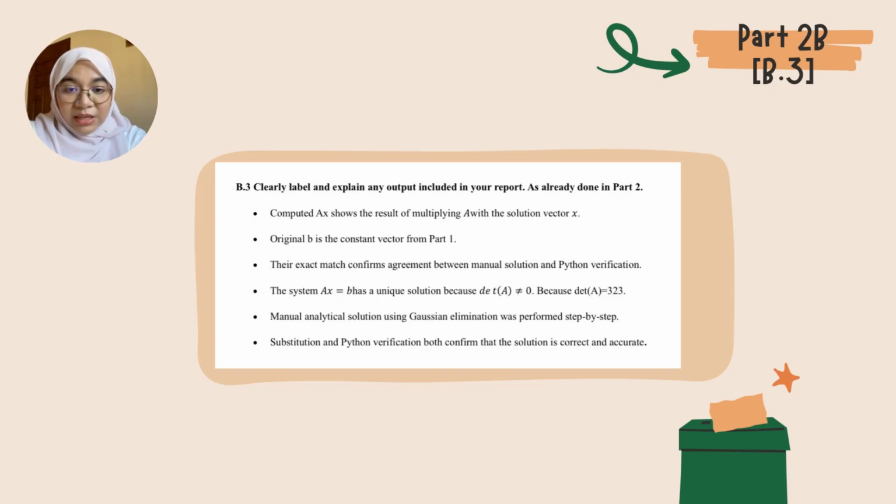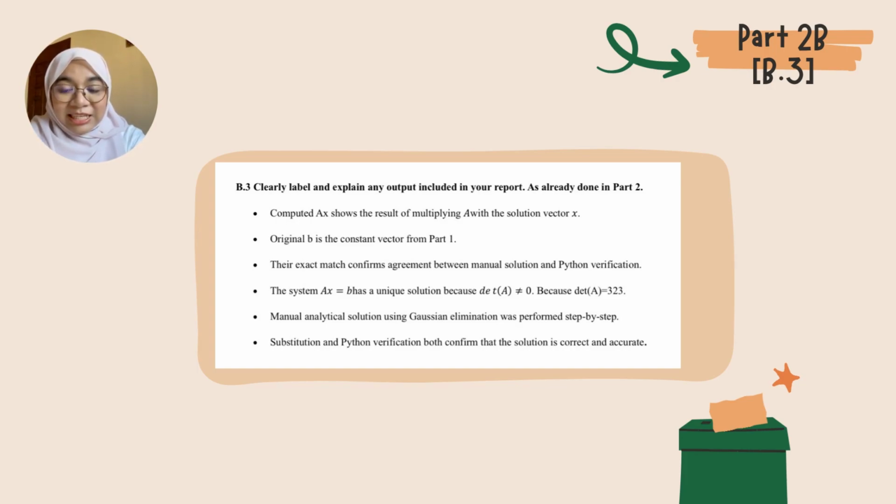This vector represents the right-hand side of the system of linear equations. When we compare these two outputs, we can see that they match exactly. This exact match confirms strong agreement between the manual analytical solution and the Python-based verification.